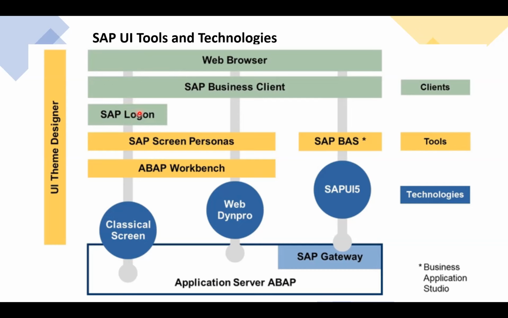In the next layer, we have SAP Screen Personas, ABAP Workbench, and SAP Business Application Studio. SAP Business Application Studio is used to build SAP UI5 applications, which will be deployed onto SAP Gateway. The application deployment will be on SAP Gateway.